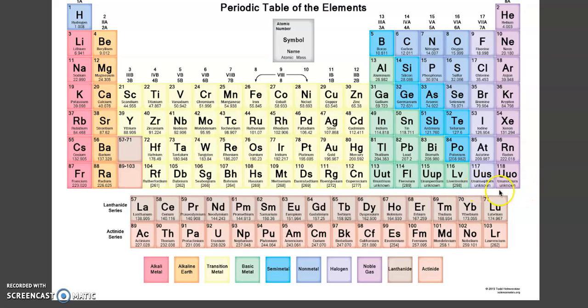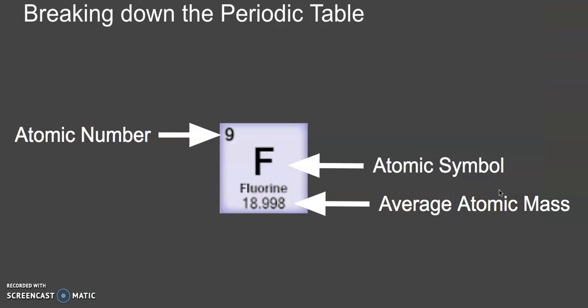These two might be hypothetical, but we don't know. So in order to break down the periodic table, to use it as a tool, we're going to focus on two values, the atomic number and the average atomic mass.